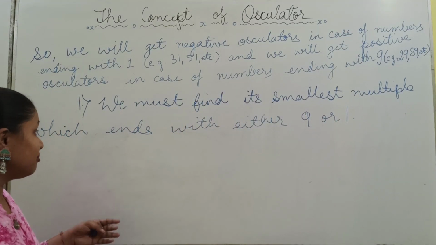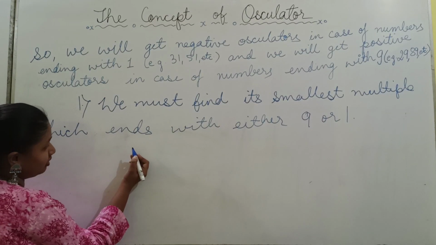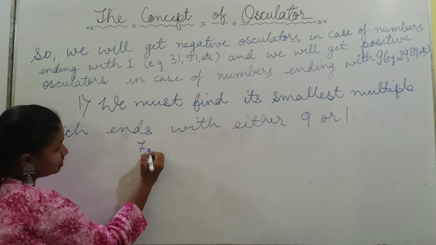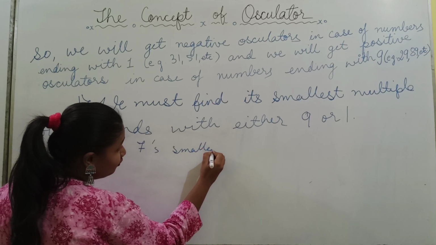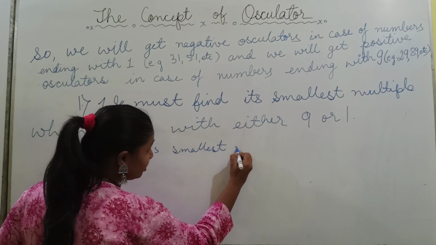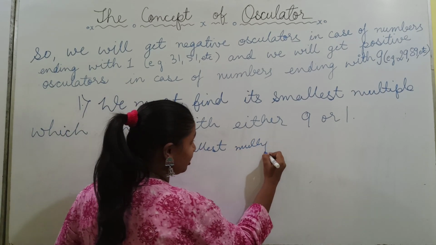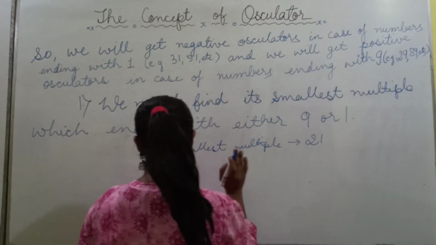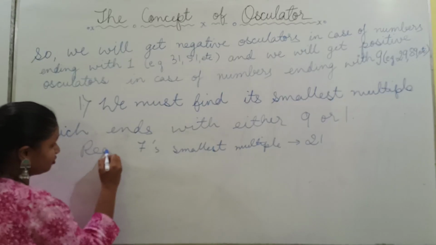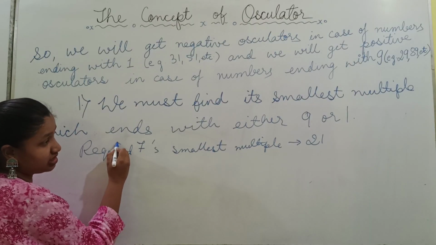For example, in case of 7, we know that 7's smallest multiple which ends in either 9 or 1 will be 21. Okay, required 7's smallest multiple we could say.